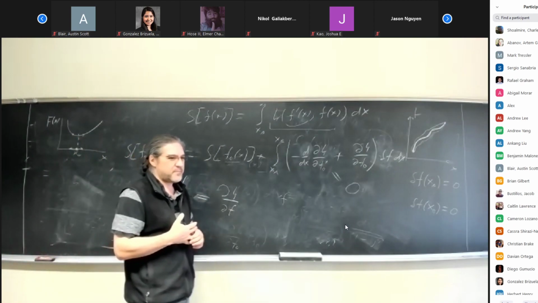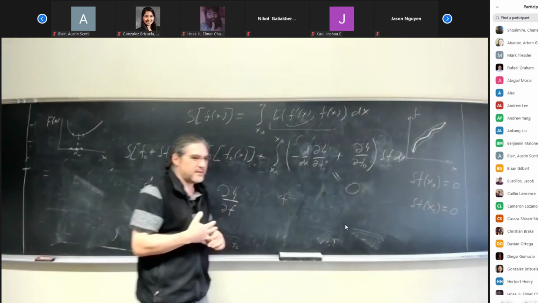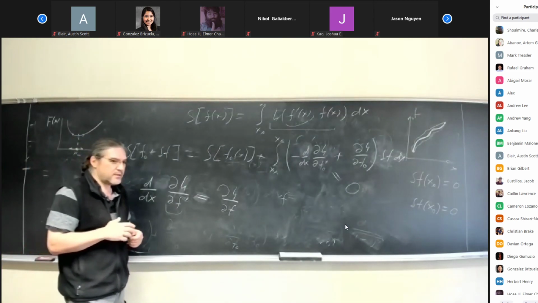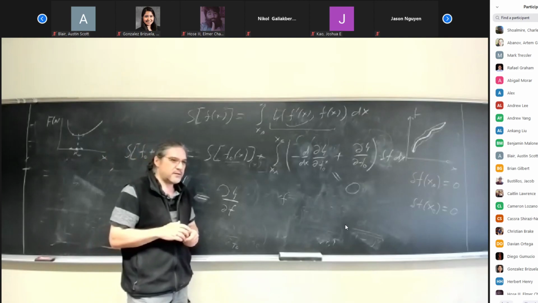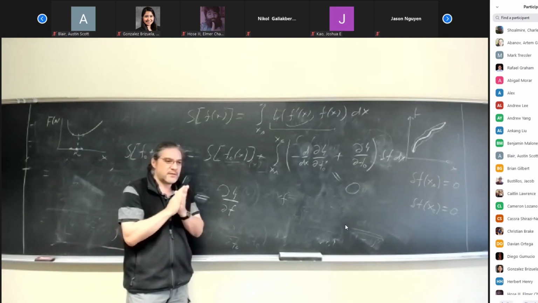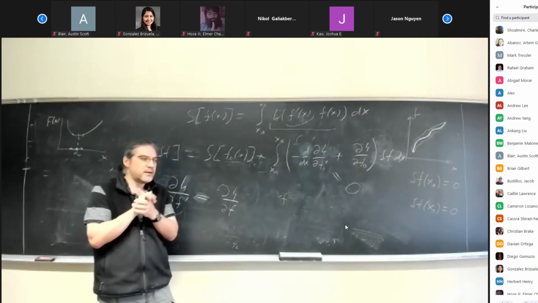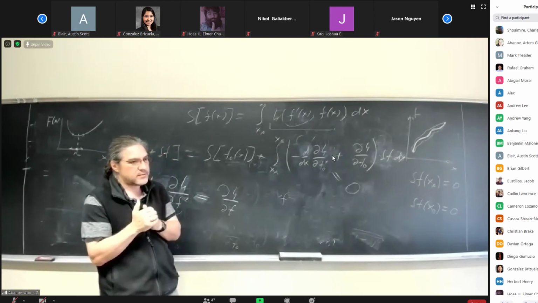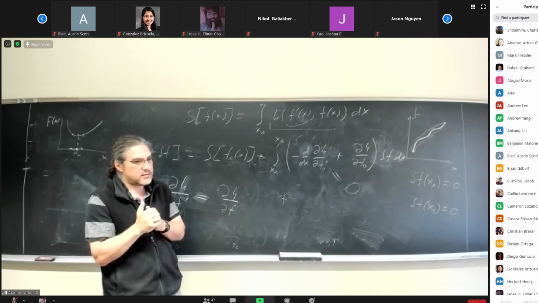So this seems like a really complicated way to explain a simple idea, doesn't it? I mean, you've drawn your function, and you want to find where the minimum is, and all you've done is a mathematical proof of how to find that minimum, right? Yes.